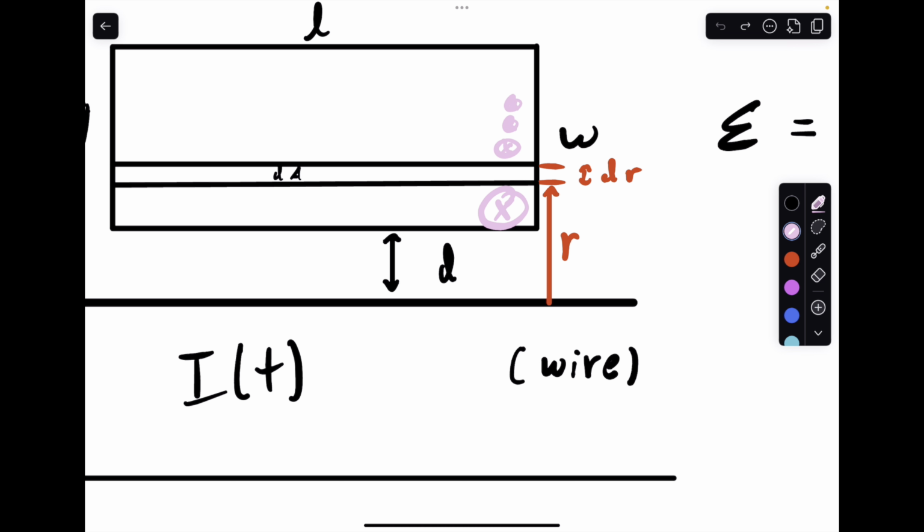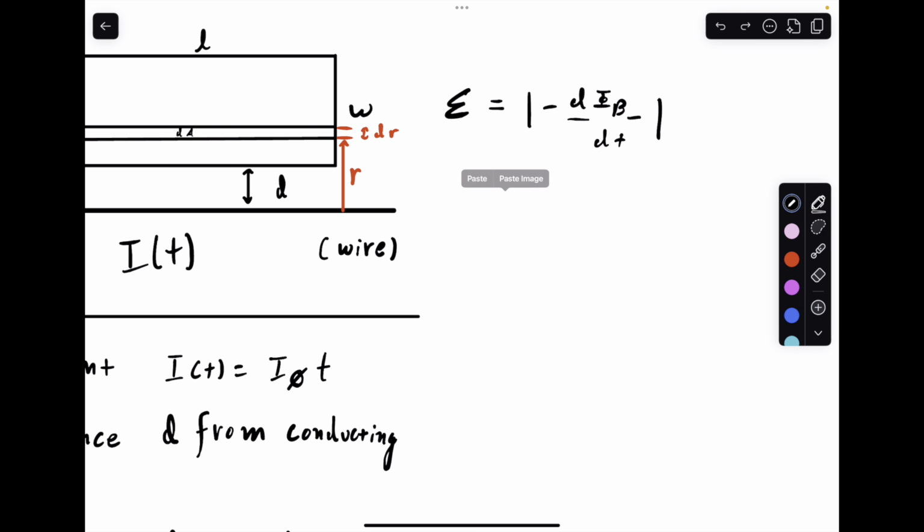The reason, I'm going to write this now before I forget, is that the magnetic field B wire due to a wire is inversely related to radius: it's mu naught I over 2 pi r. So if I get further away from the wire, I get less magnetic field. The magnetic field is less strong.